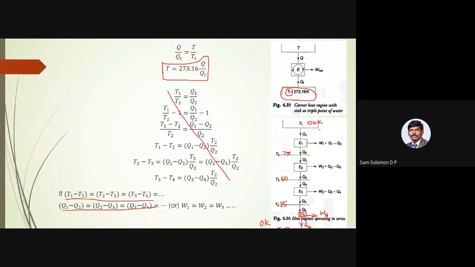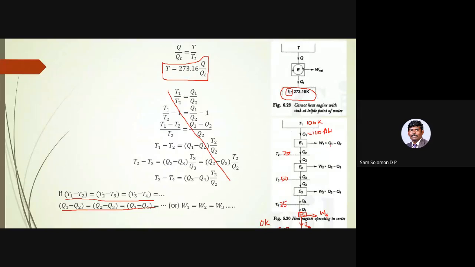Okay, and let me assume, for convenience sake, so that you guys can easily understand, let me assume this heat supplied is 100 kilowatts. For convenience sake, it is not like if you have 100 Kelvin, you should have 100 kilowatts. It is not like that. I'm simply taking it as 100 kilowatts for easy understanding.